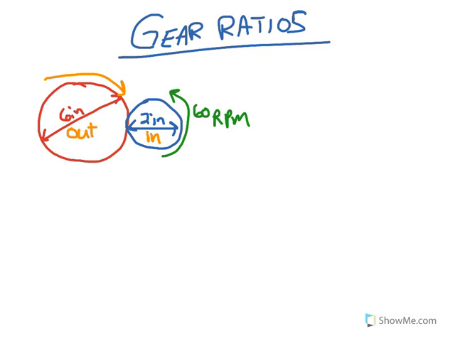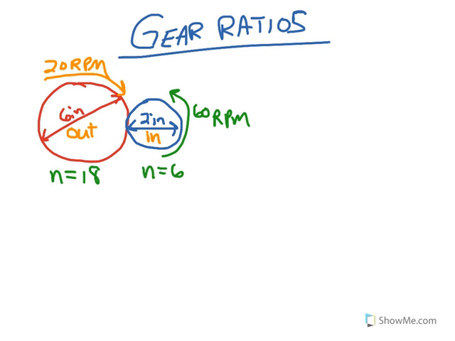And let's say that it is at 20 RPM. Let's also assume that the driver has 6 teeth, N is for teeth, and the one that is being driven has 18 teeth.